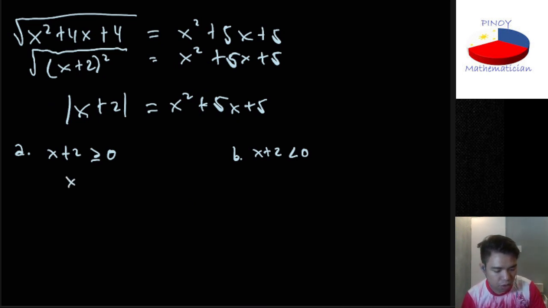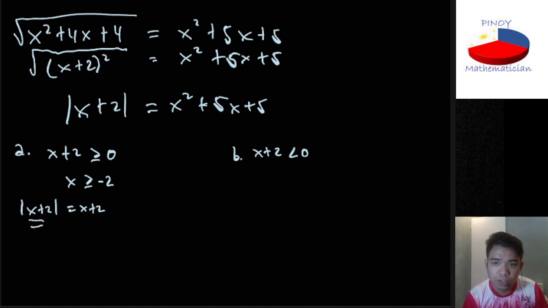So let us solve this. If we solve this further, x must be greater than or equal to -2. Now, if x is greater than or equal to -2, the absolute value of x plus 2 is the same as simply x plus 2, because the expression inside will always be 0 or bigger. If you replace x by -2, it will be 0.